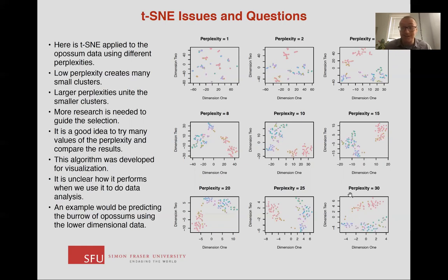So what's the right answer? Well, that's really going to depend on the data set. There really isn't a right answer because we're doing something called unsupervised learning here, in terms of learning the clusters or the shape of the data in lower dimensions.